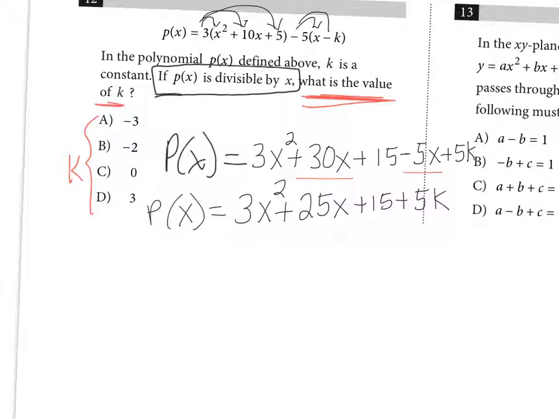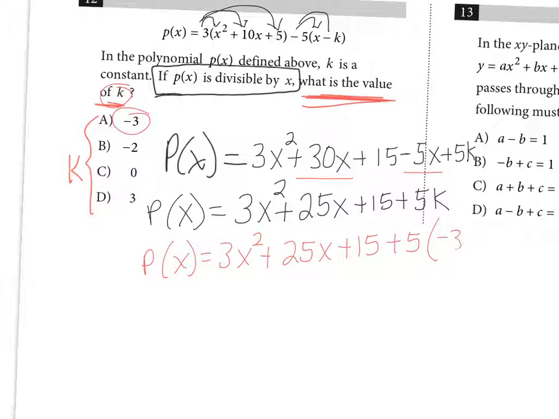So now, in this problem number 12, when we substitute the a, which is negative 3, okay, I'm going to substitute the a. K is supposed to be negative 3. So when I substitute that, p of x equals 3x squared plus 25x plus 15. And now instead of the k, I'm going to put negative 3.